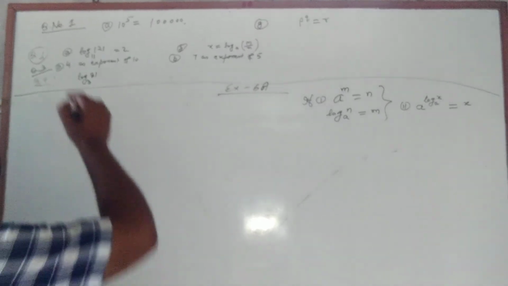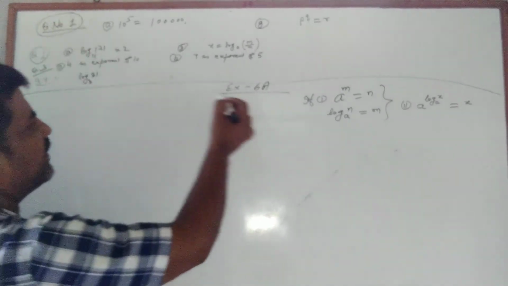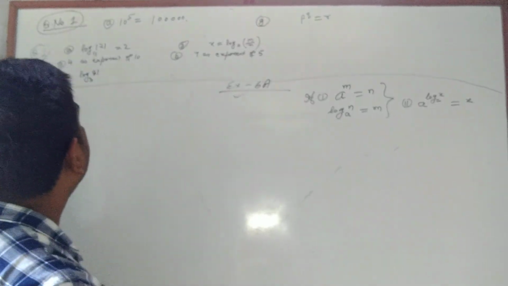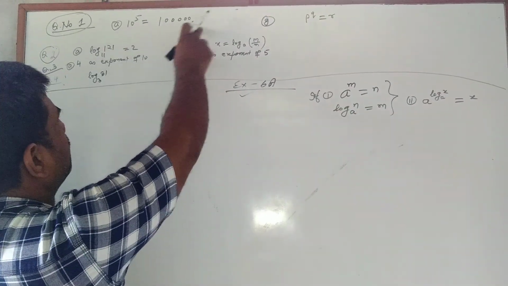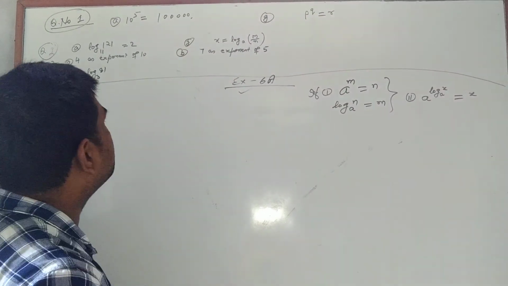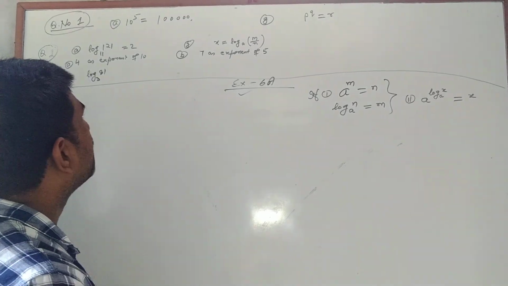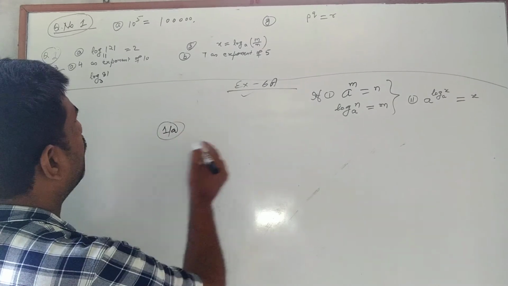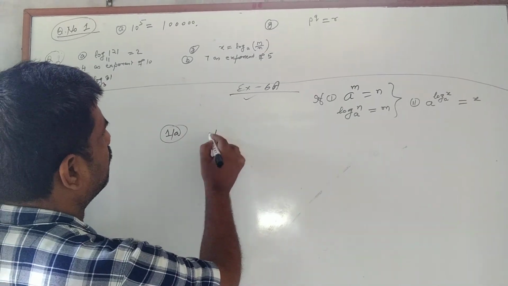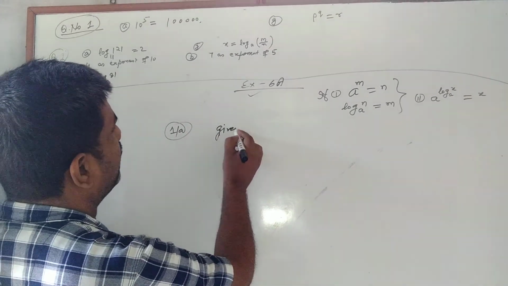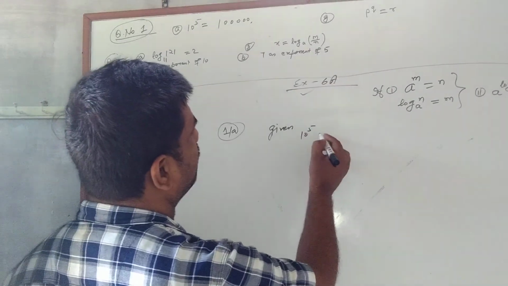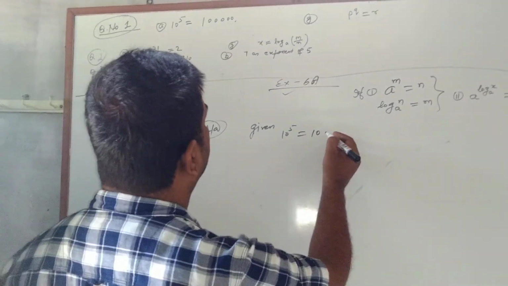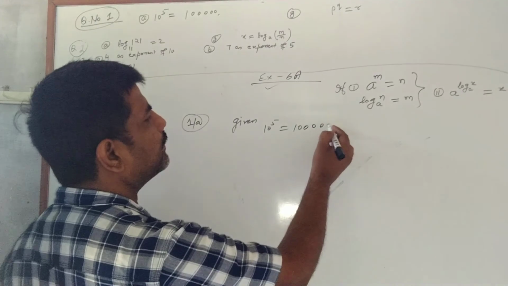So see question number 1 of exercise 6A. It is given in exponential form and we are asked to express it in logarithmic form. Question 1A: given 10 to the power 5 equals 1 lakh.